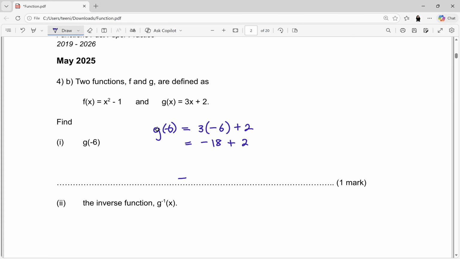It'll be -16. Oh, -18 minus 2 will be -20. But if you're plusing 2, you just subtract and take the sign of the larger number. So -18 plus 2 is -16. Good, thank you. So even if you had said -20, Eliana, you would have still gotten a half mark for this part because this part is correct, right?